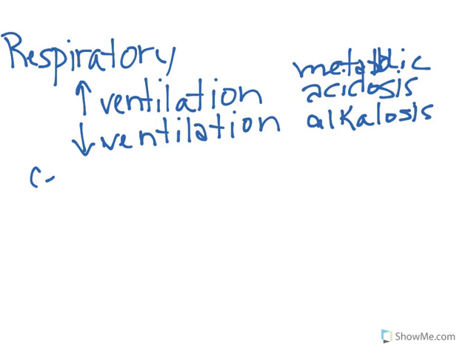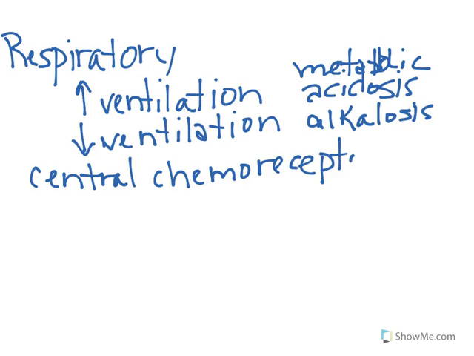You have central chemoreceptors that are responding to changes of carbon dioxide levels in the blood, because that can readily cross the blood-brain barrier. And you also have the peripheral chemoreceptors that will affect ventilation.